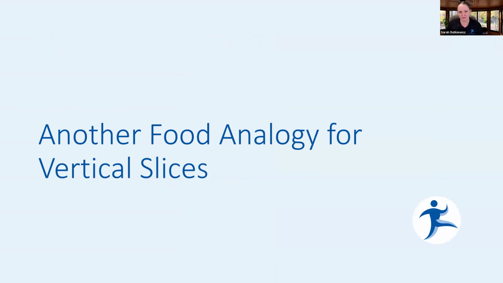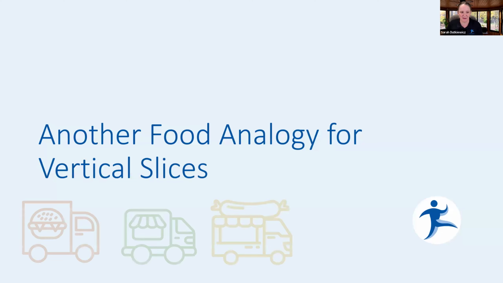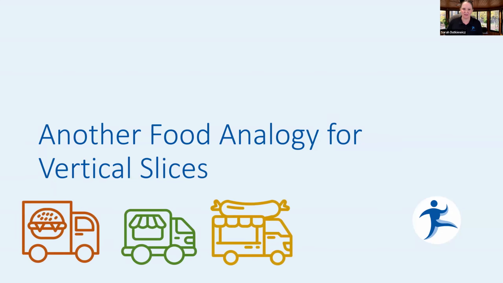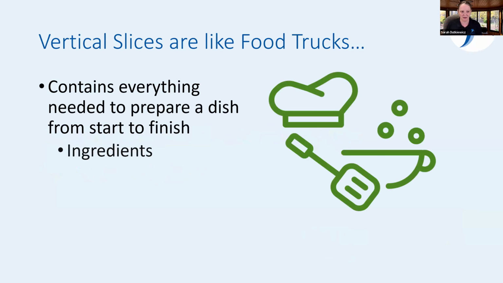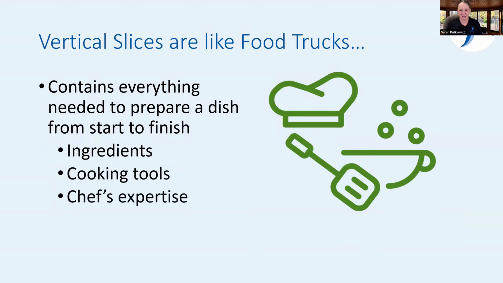Now, when I think about vertical slices, the cake is the initial go-to, but the other thing I like to think about is food trucks, because a vertical slice has everything it needs for that particular feature. Think of food trucks like burger trucks and taco trucks and cake trucks and things like that. A food truck has everything it needs from start to finish. It's got the ingredients, the cooking tools, and the chef's expertise.